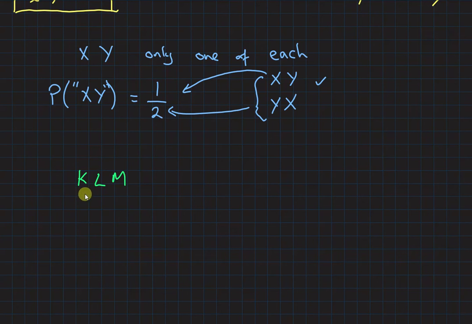So if I'm looking for the probability that it comes out as LMN, LMK, I need to know how many ways there are of arranging KLM. Now, you can do it just by trial and error and crossing things off.